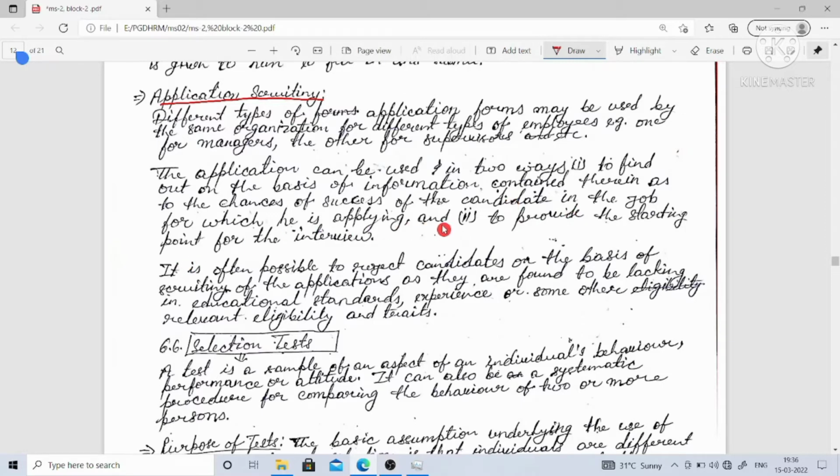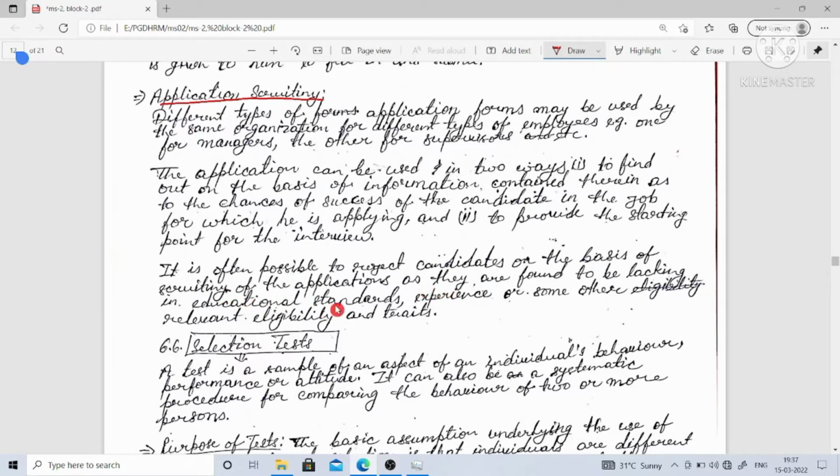Second, to provide the starting point for the interview. It is often possible to reject candidates on the basis of scrutiny of applications, as they are found to be lacking in educational standards, experience, or some other relevant eligibility and traits.